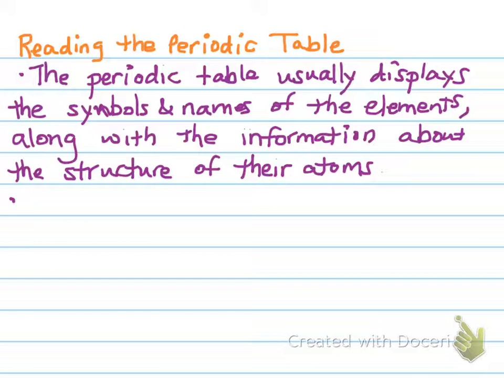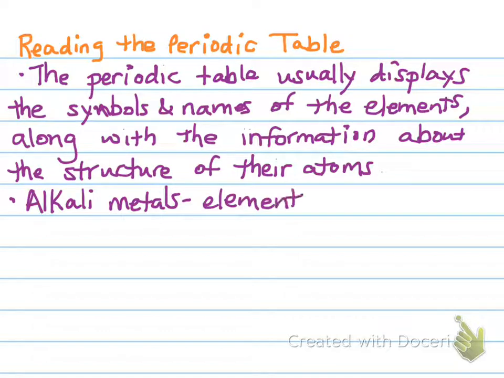Also, some of the groups on the periodic table do have special names. There are the alkali metals, the elements of group 1A, or 1, depending on how your periodic table is labeled.